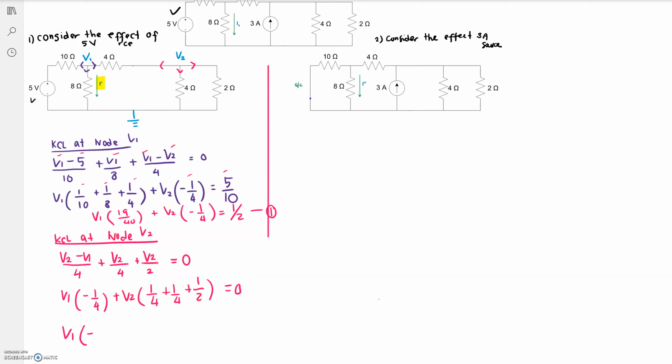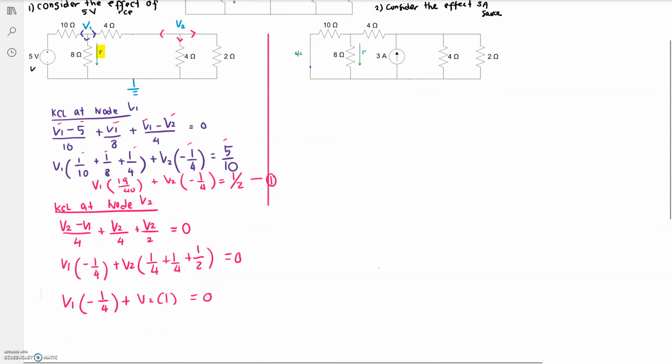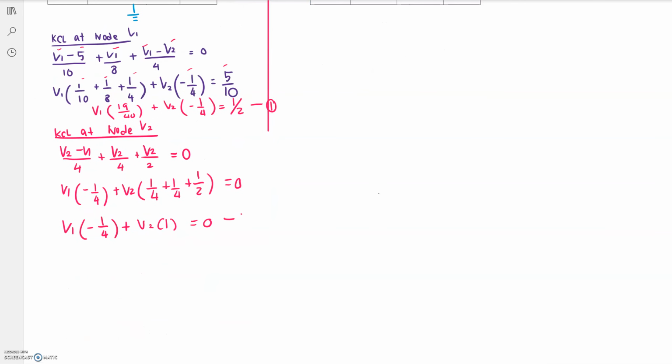So V1 times minus 1 over 4 plus V2 times 1 equals 0. This will become equation number 2. Then for Cramer's rule, substitute the equations into the matrix and solve it using Cramer's.